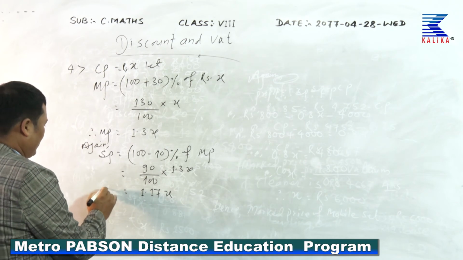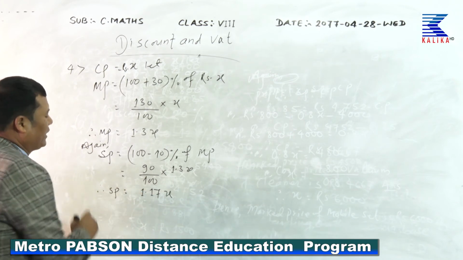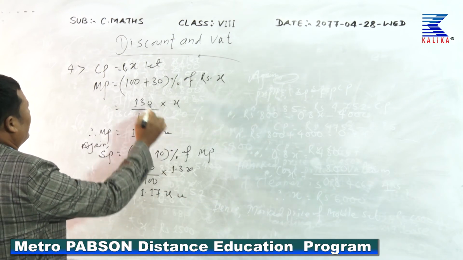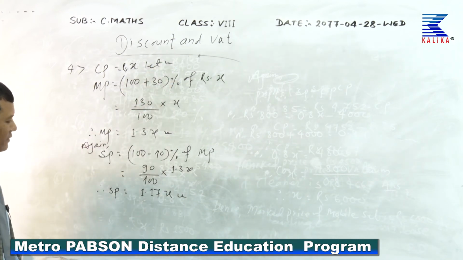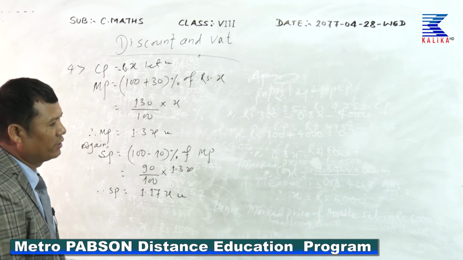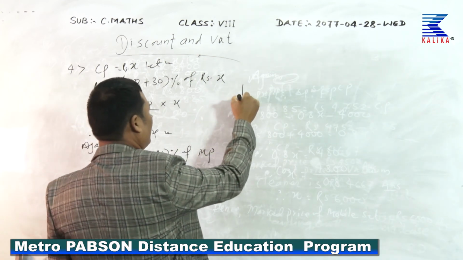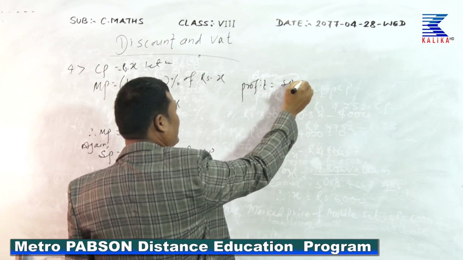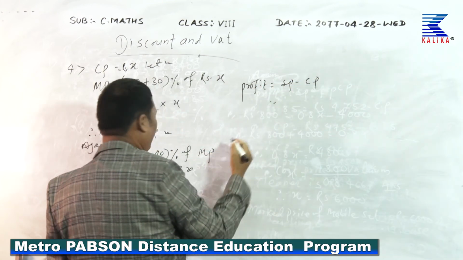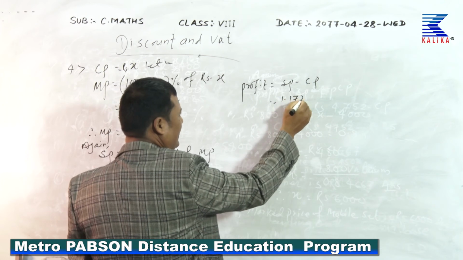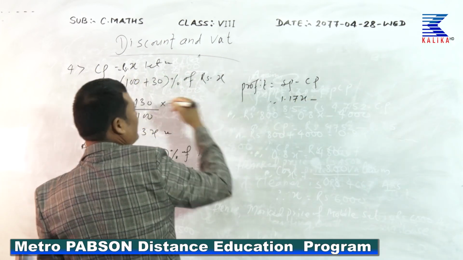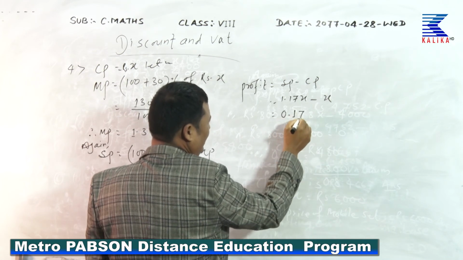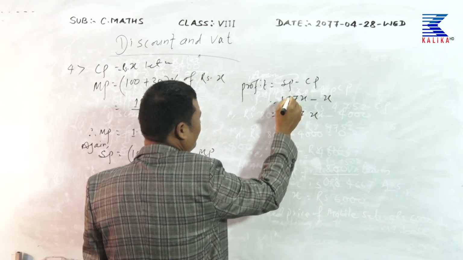That is the selling price, and selling price is here, MP is here, and cost price is here. Now here profit is equal to SP minus CP. Selling price 1.17X minus cost price X. Now 0.17X is the profit.